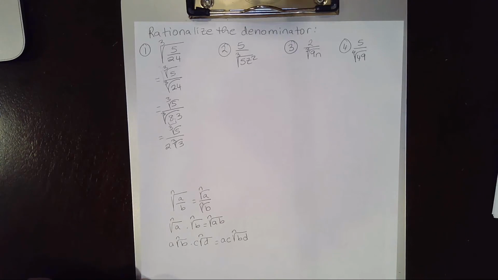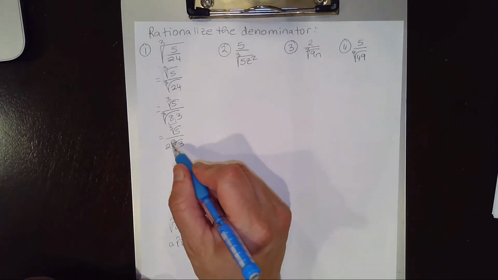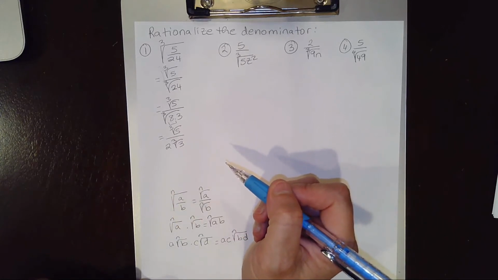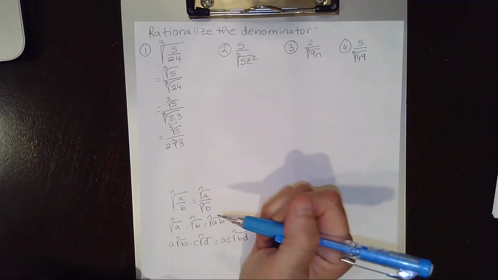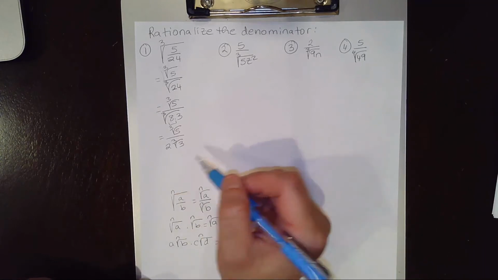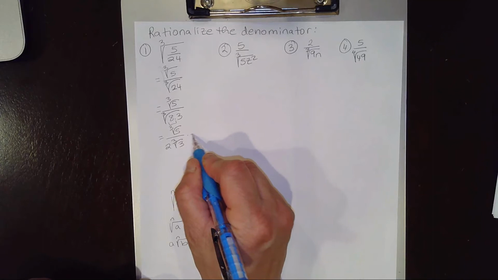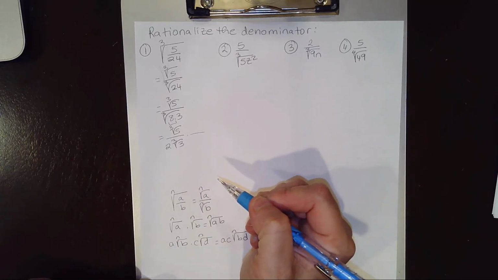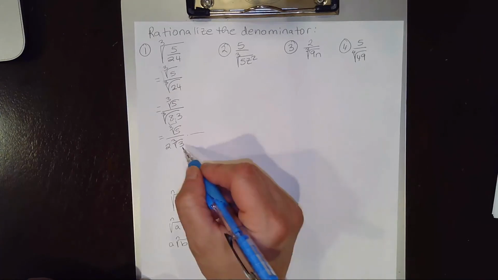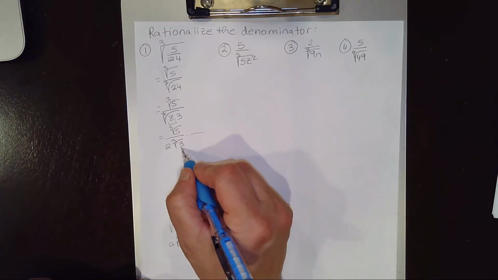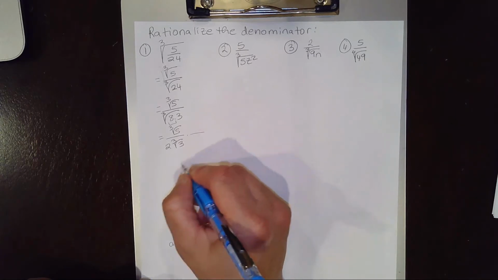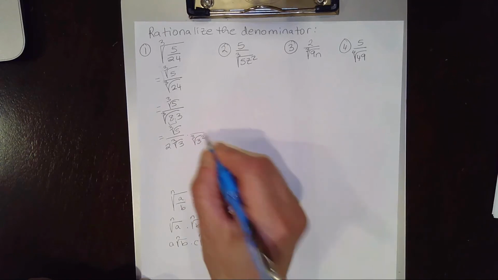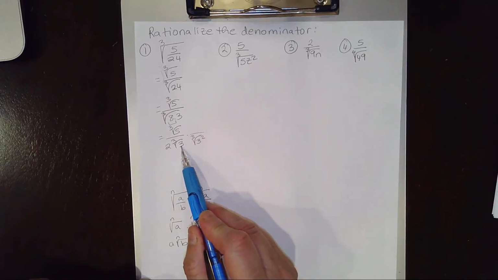Now, to rationalize the denominator, we need to remove the 3 from the radical. Cube root of 3 doesn't come out, so what can you multiply this with so that you can remove it from the radical? Something has to be cubed. This is 3, which is 3 to the 1. So if you multiply this by cube root of 3 squared, you're going to end up with cube root of 3 cubed.